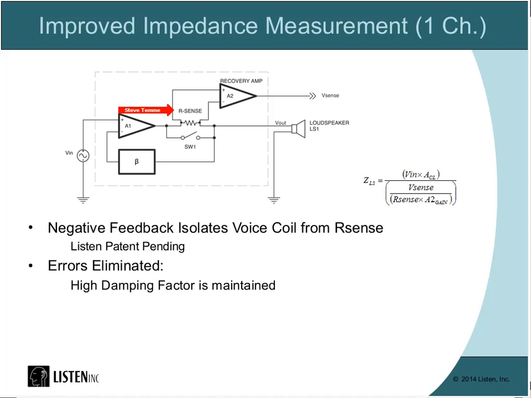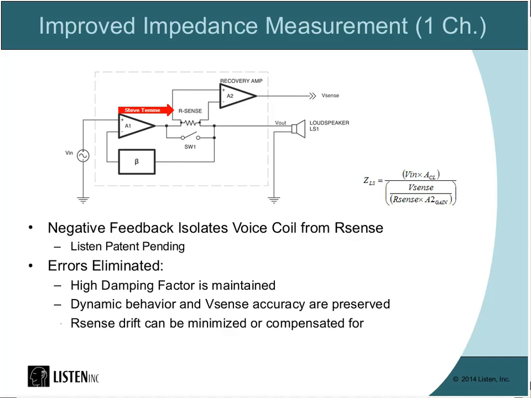It eliminates some errors due to high damping factor, because now the output impedance of the amplifier can still appear like 0, whereas if we have a loudspeaker and a resistor hanging on it, it can be adversely affected. And we preserve the dynamic behavior and the V-sense accuracy, as well as minimize any resistance drift due to temperature, because we now have a very controlled environment.